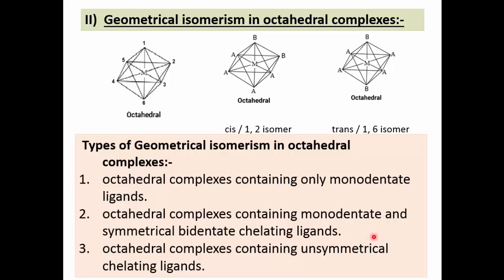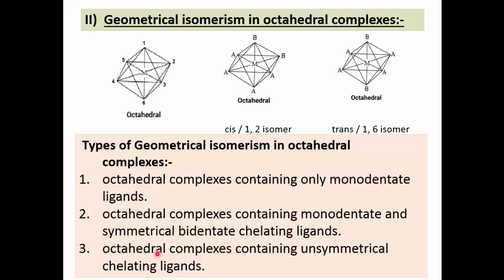For example, ethylene diamine. This ethylene diamine contains 2 donor atoms that are nitrogen. That means same donor atoms are present in the ethylene diamine molecule. It attaches to the metal ion. There is formation of a heterocyclic ring, or we can say there is formation of a chelate, and therefore ethylene diamine is called a chelating ligand.